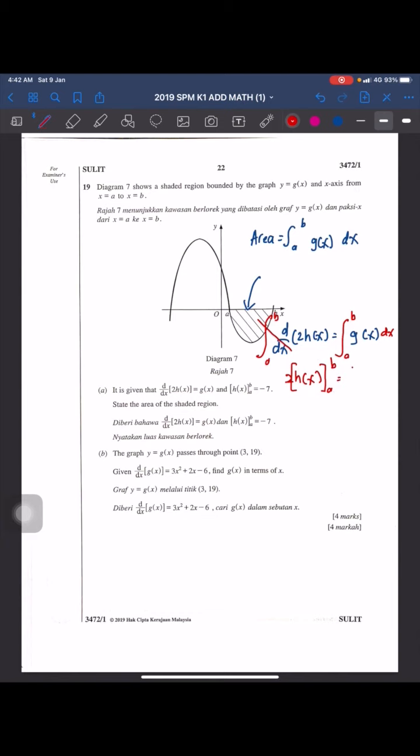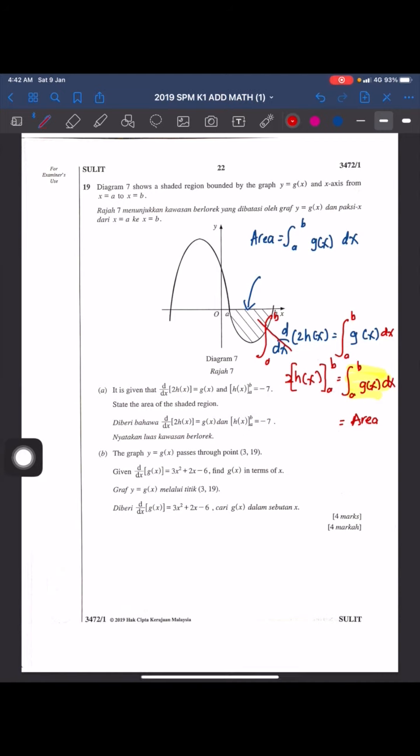So this equals the integral from a to b of g(x) dx. So this part is actually the area.